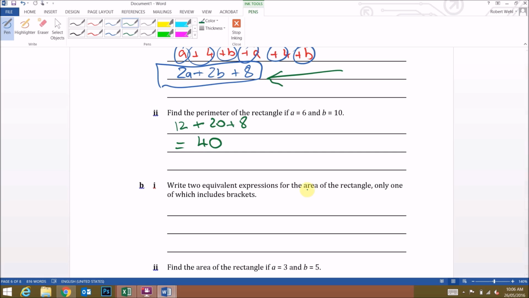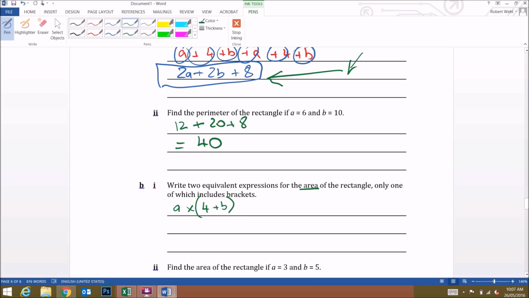Now, the area is different to this because this is the perimeter. Right, that's really important to remember. And our area is going to be length times width. So that means it's going to be A times 4 plus B.